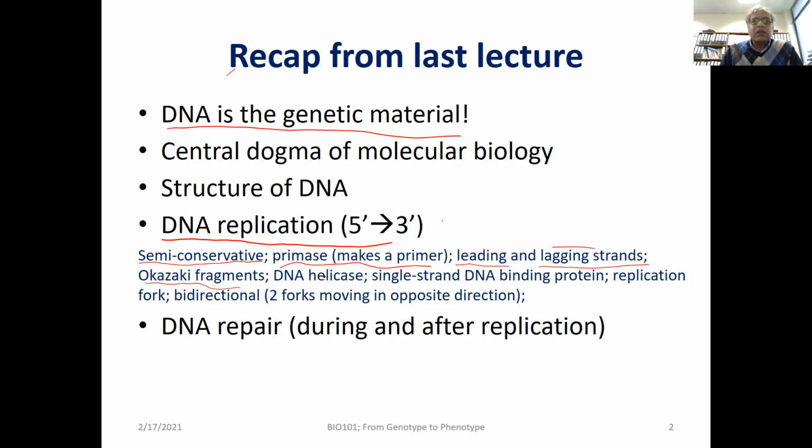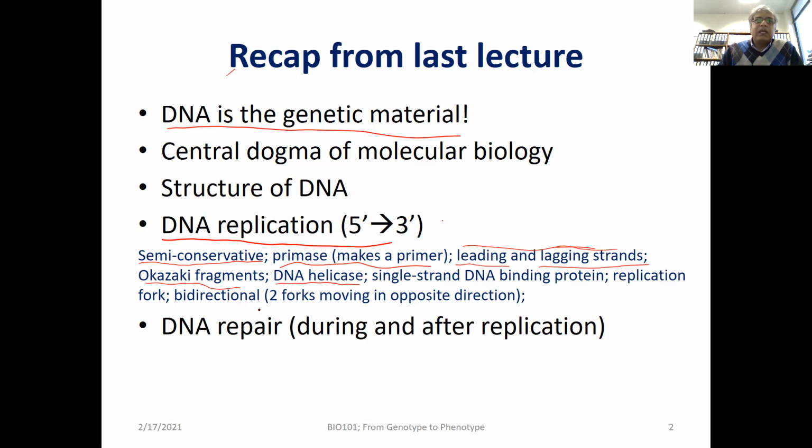We talked about DNA polymerase 3 and DNA polymerase 1, which are involved in DNA synthesis, and DNA polymerase 1 is involved in removing the RNA primer. We also talked about DNA helicase, which is responsible for unwinding the double-stranded DNA before primase adds the RNA primer.